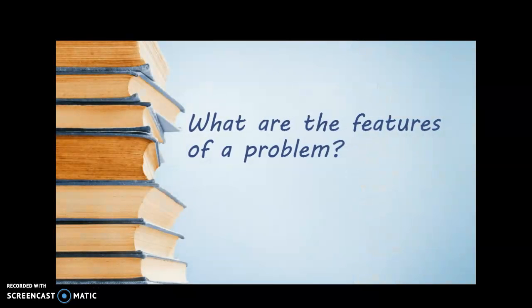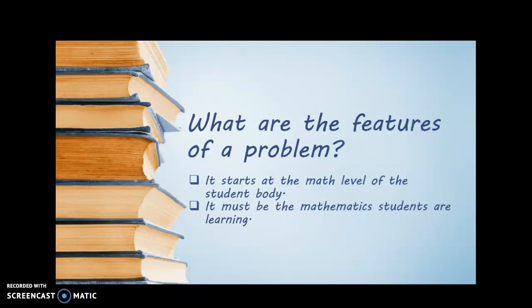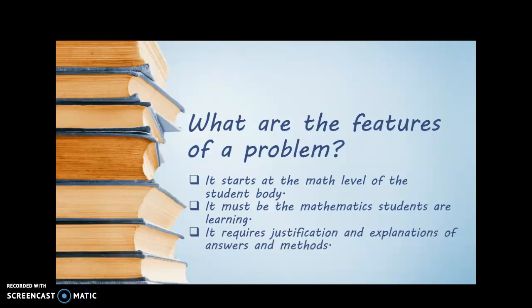What are the features of a problem? A problem starts at the math level of the student body. It must be the mathematics students are learning, and it requires justification and explanations of answers and methods. So the problems that we will discuss during this lesson are going to be multiplication problems.